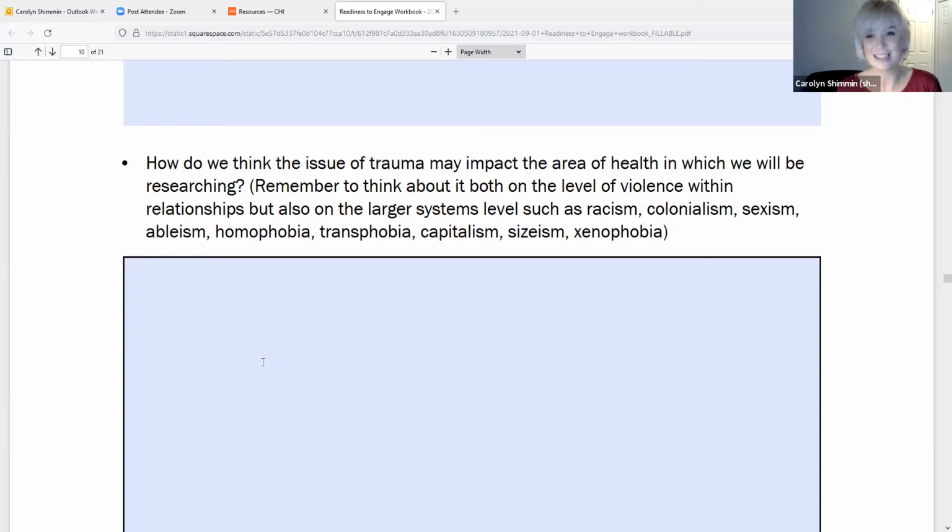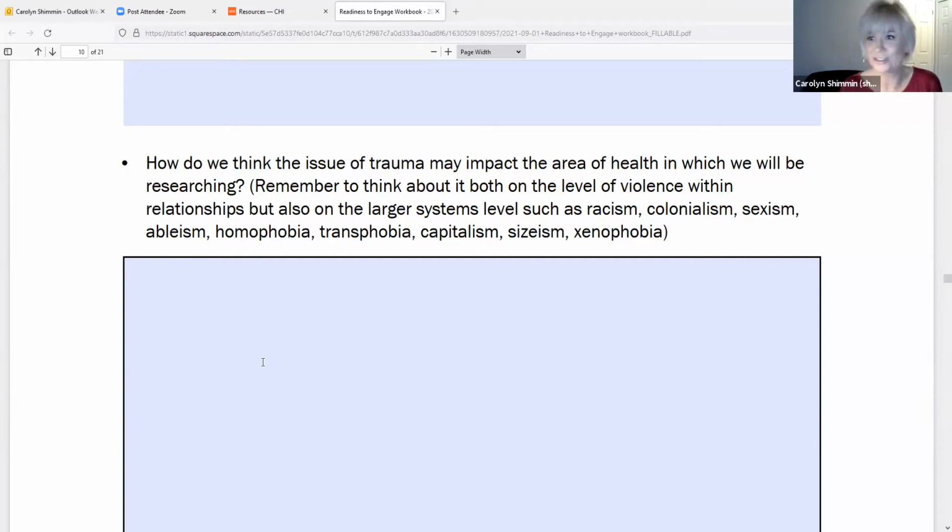People may have faced systemic barriers, racism within the healthcare system, homophobia within the healthcare system. If you've had an experience of trauma in the past, there are practices within the healthcare system that might cause re-traumatization.